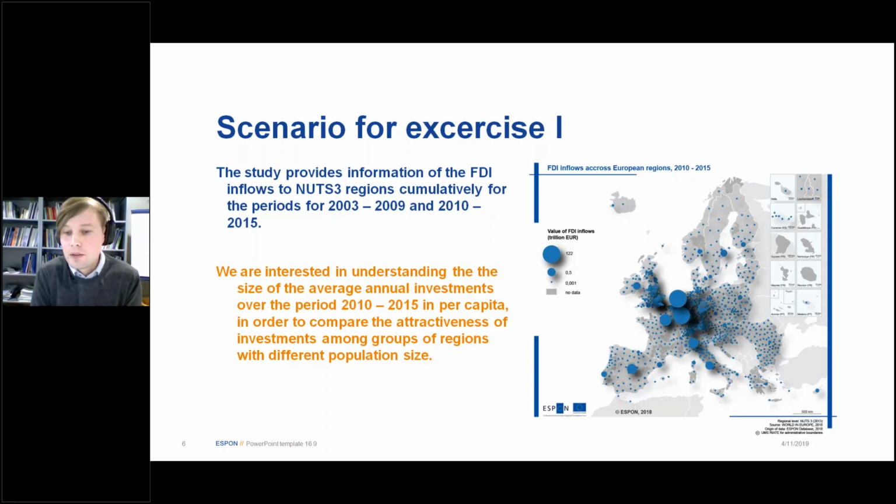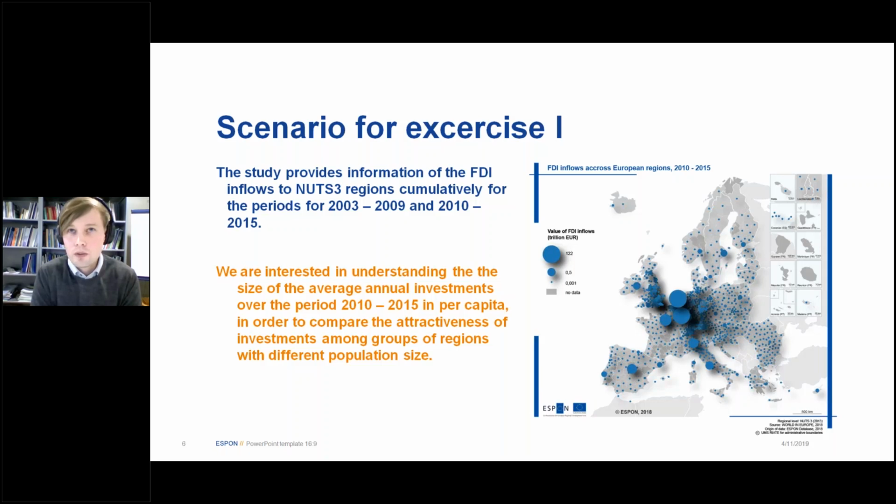We see that the main receivers of FDI are Amsterdam and Luxembourg, but we of course know that in terms of population size and overall economic activity, these two cities are very different from each other.